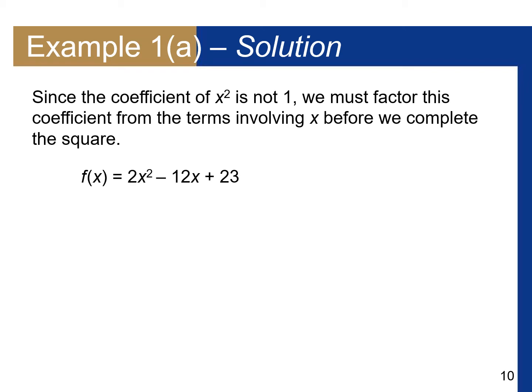So let's take a look at this again. I have to take the 2 out because this term with x squared has to be 1, okay? So I have to factor that out of both of these. I don't worry about the 23 because it's going to be used for something else. So I just factor it out of both, and that's why we have the parentheses here.